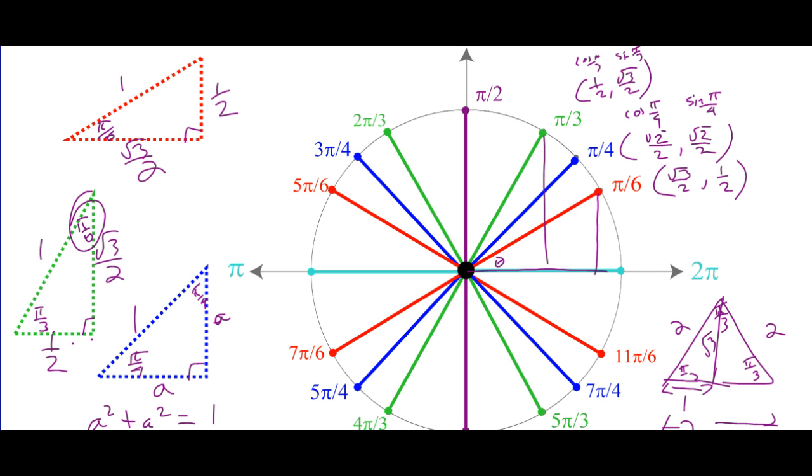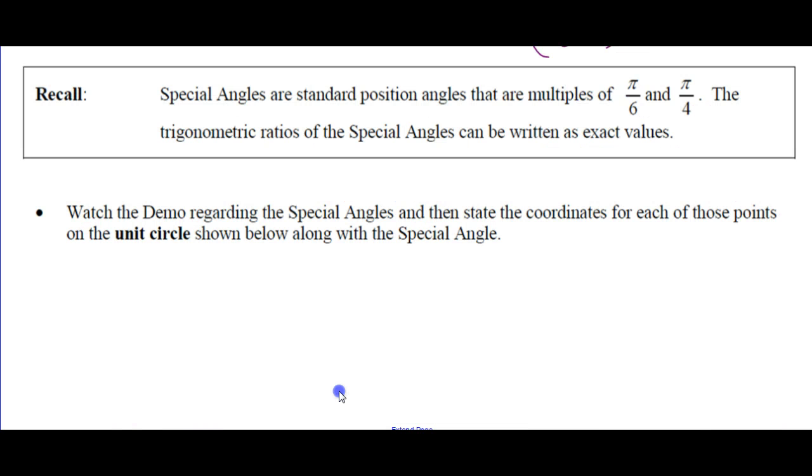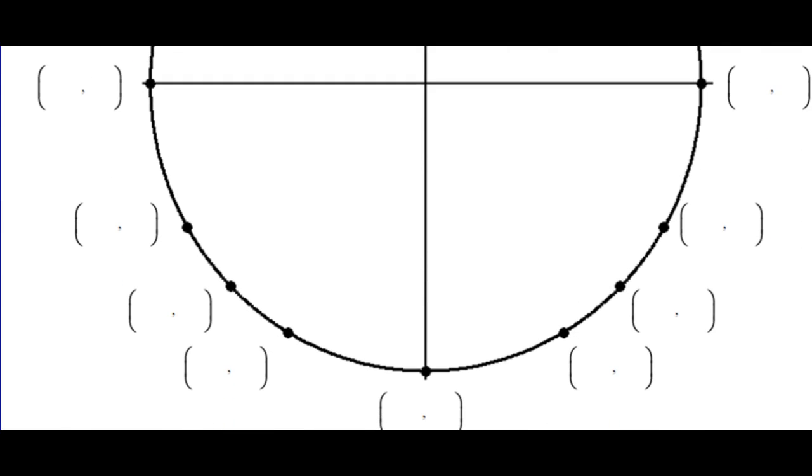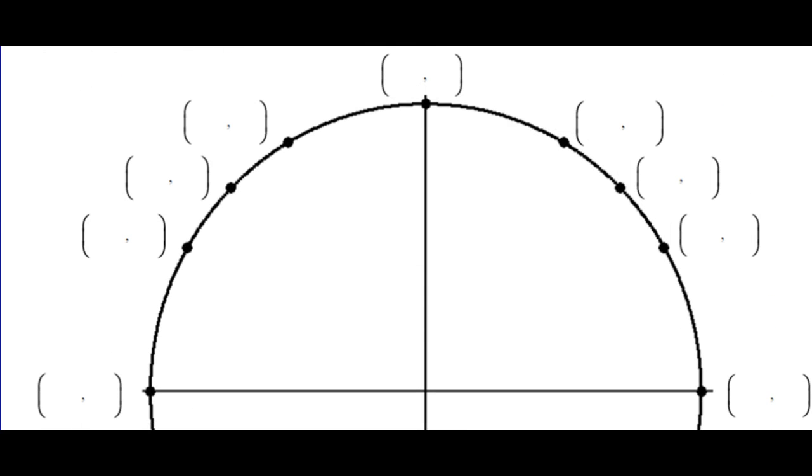Okay, so now we can take this, which we haven't even done anything with, and go over to here and fill this in. Let me make this small. All right, so let's take our angles. Where are we going to label these? We'll put them inside.